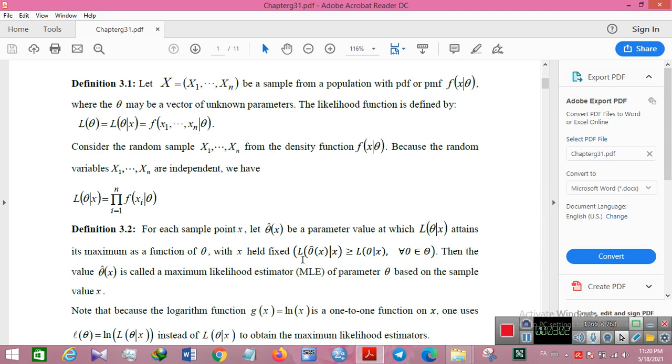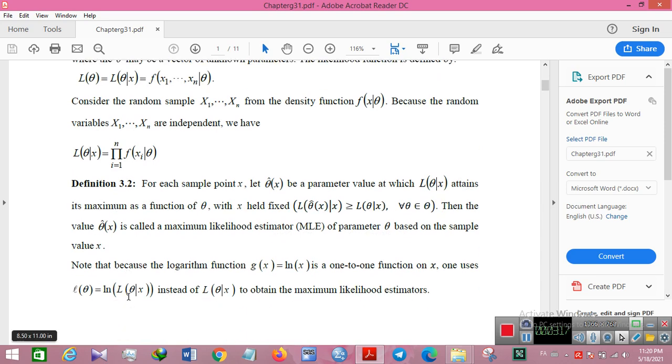So L(theta hat|x) is greater than or equal to L(theta|x) for each theta. Then theta hat(x) is called the maximum likelihood estimator, MLE, of the parameter theta based on the sample x. So theta hat(x), the maximum likelihood estimator, is given at the mode of the function L(theta|x).